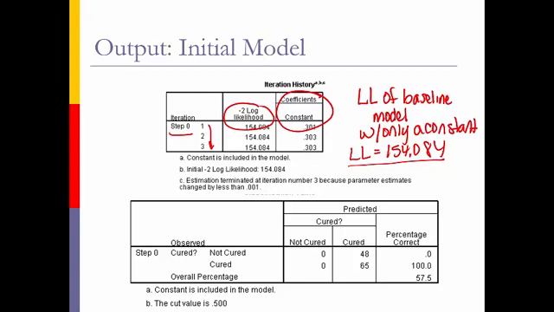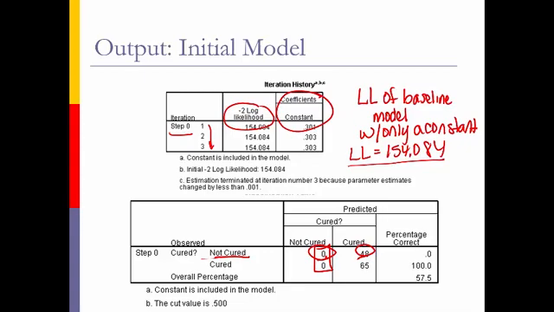This next table shows that in step 0, the predicted values of not cured are both 0 if the observed values were not cured. If the observed value is not cured and the predicted value was cured, everything over is in cured.